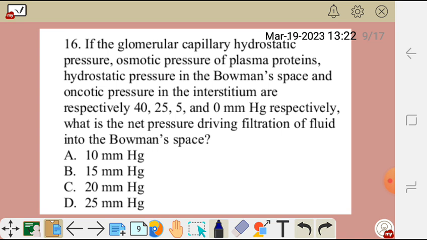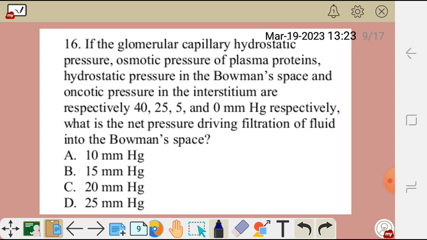A, 10 millimeter of mercury, B, 15 millimeter of mercury, C, 20 millimeter of mercury, and D, 25 millimeter of mercury.